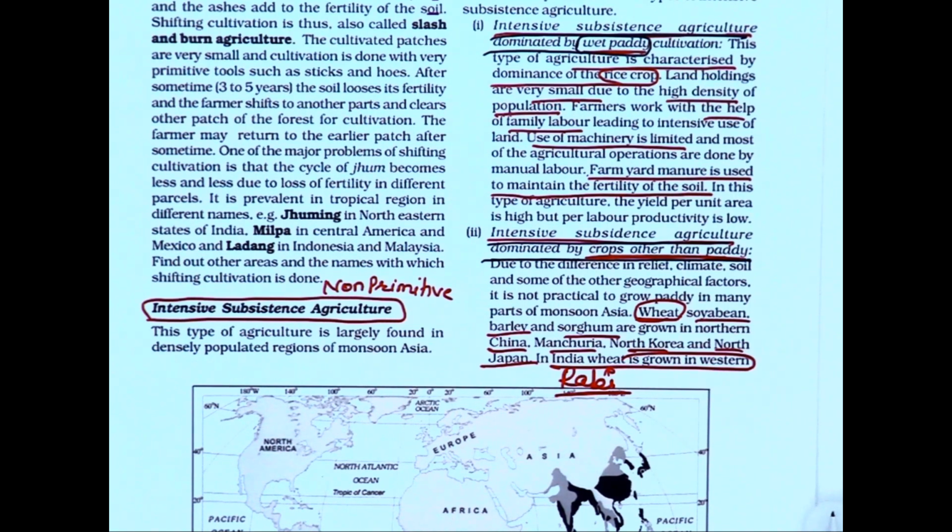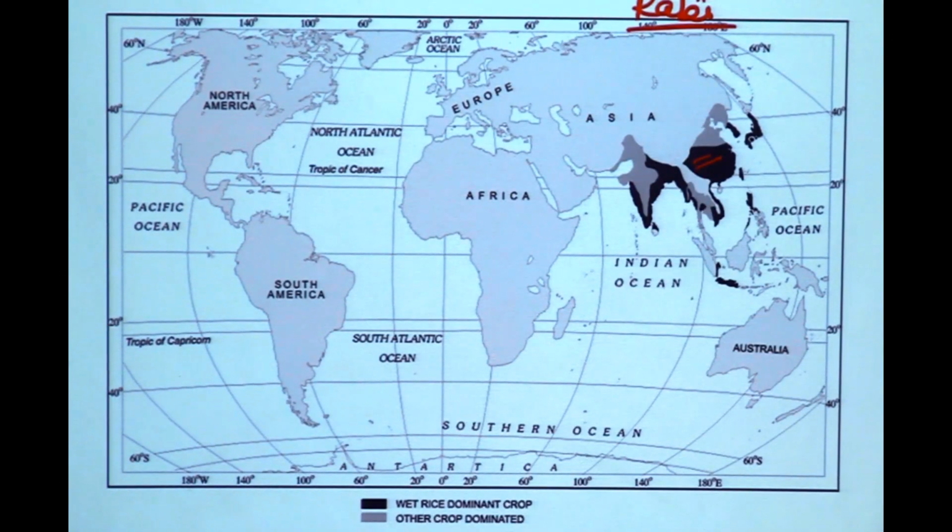And if we have to learn it on map, we see southern part of China, entire eastern Uttar Pradesh, northeastern states, east coast plain of India, west coast plain of India, complete coastal belt of Vietnam including the delta of Mekong, the fertile deltaic soil in Indonesia, the Luzon Island in Philippines, Taiwan, Japan, Honshu Island, Shikoku and Kyushu Island and Korea Peninsula is essentially which type of mixed cropping?